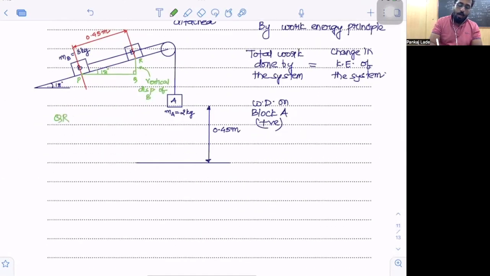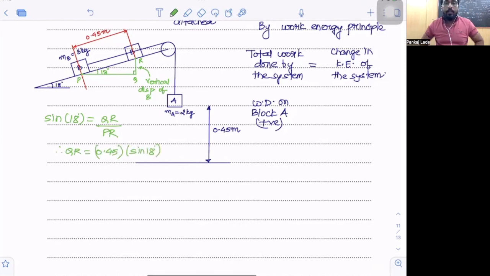So QR is going to be equal to what? I know sine of 18 degrees is equal to QR upon PR. PR is 0.45, so QR would be 0.45 times sine of 18 degrees. Is that right?